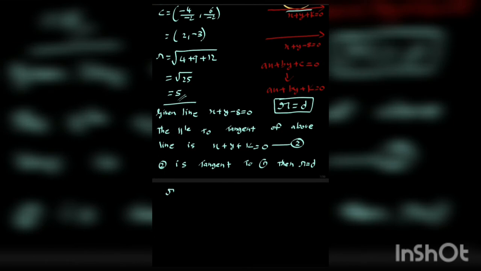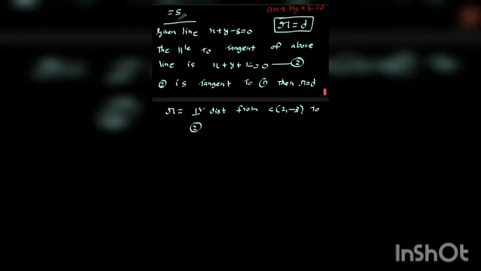So r is equal to perpendicular distance from point C, that is 2 comma minus 3, to equation 2. So what is r?